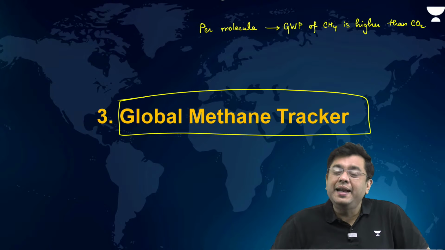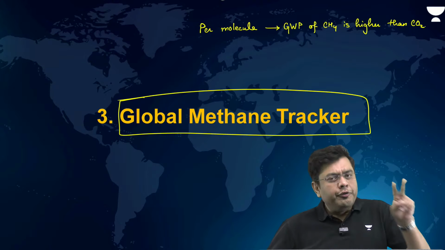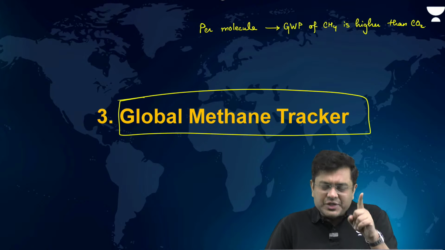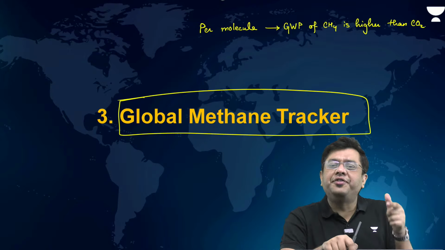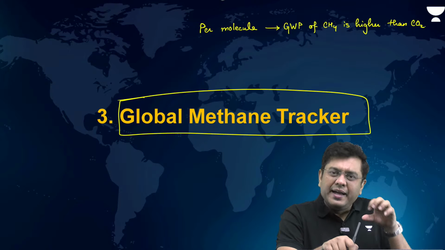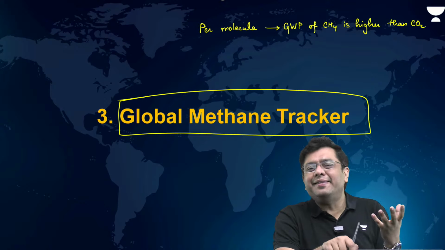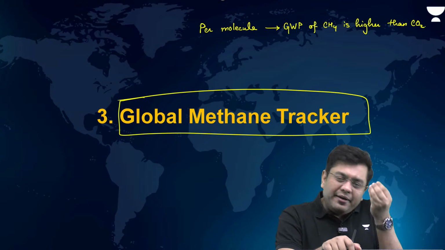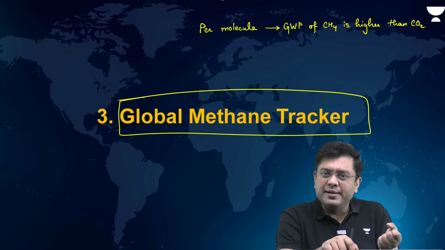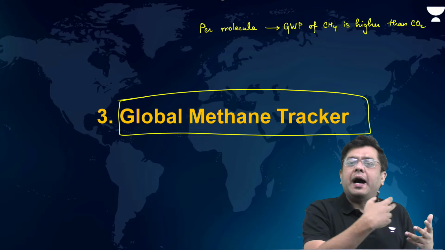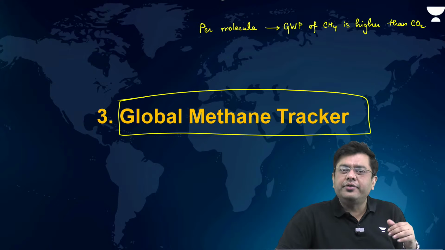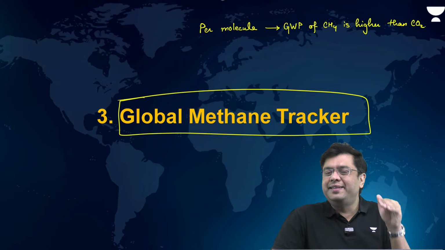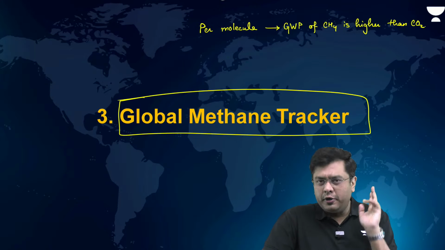So why not methane? Because of two reasons. First reason being, methane has a very short life cycle. That is, it naturally disintegrates in the atmosphere. By reacting with hydroxyl ions, it basically forms carbon dioxide and water vapor. So as a consequence, you don't have methane existing in the atmosphere for a long period of time.